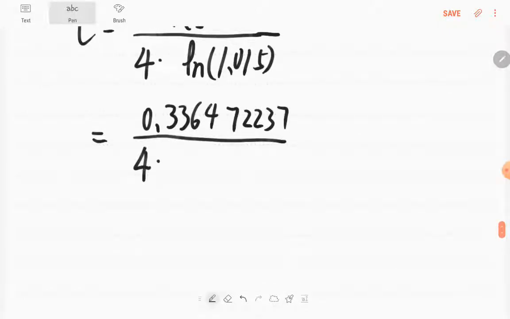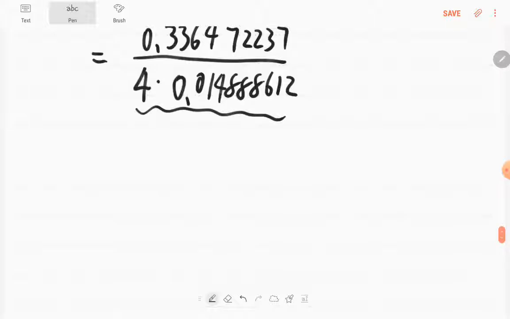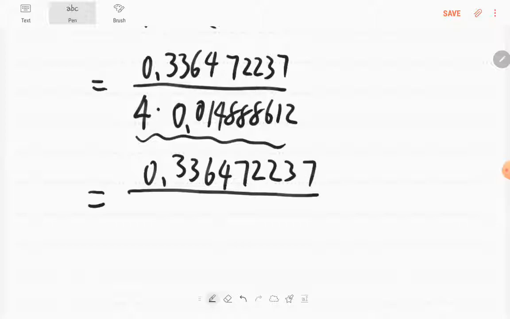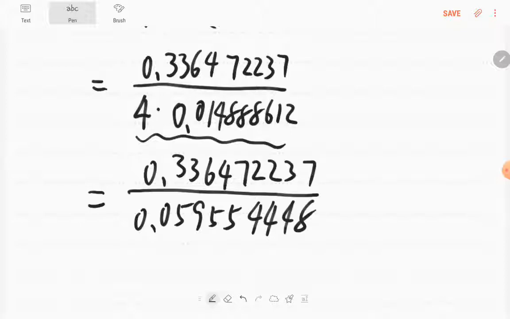You can use a calculator. It would be 4 times 0.01488811612. If you do your calculation for the denominator, which would be 0.05955448.